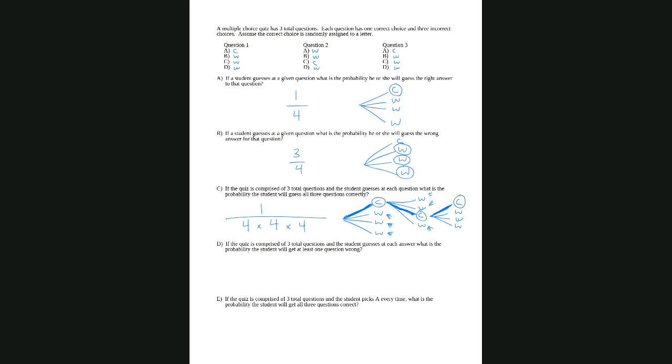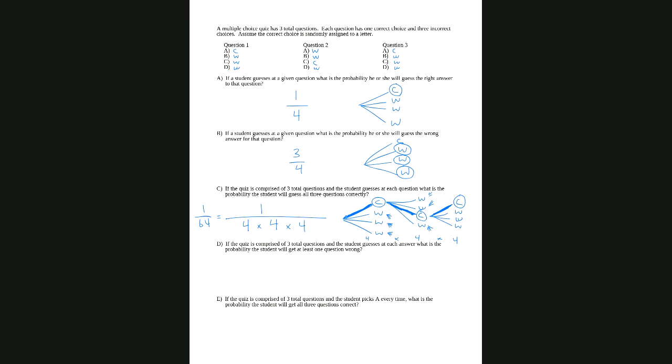So how many total outcomes is it? It's actually 64. There would be 4 results for the first question, 4 possibilities for the next, and 4 possibilities for the last. So by the fundamental counting principle, we're looking at a 1 in 64 chance of guessing all of them correct. Just a little lower than you might expect from a probability.